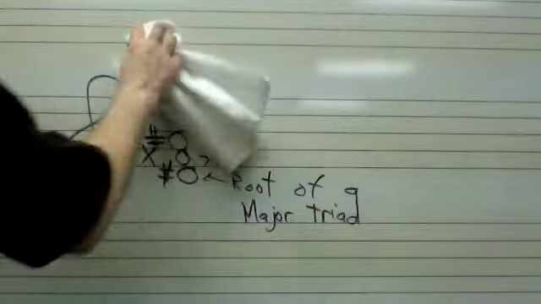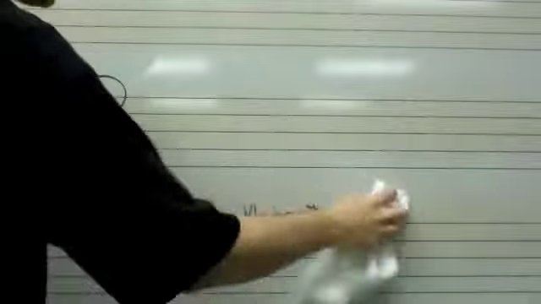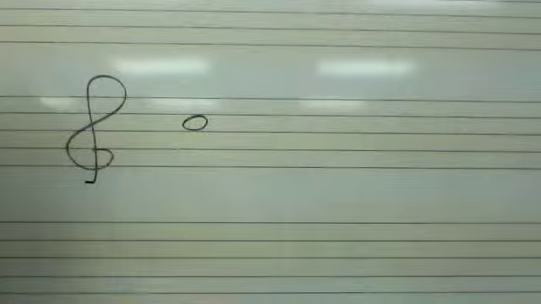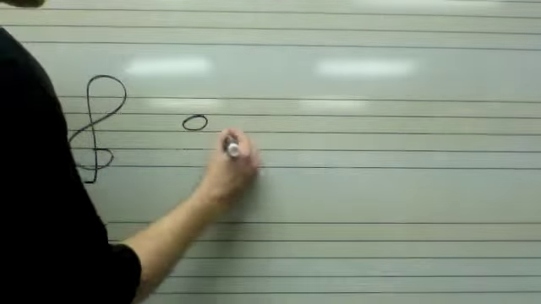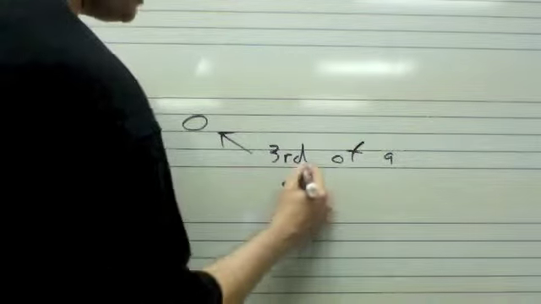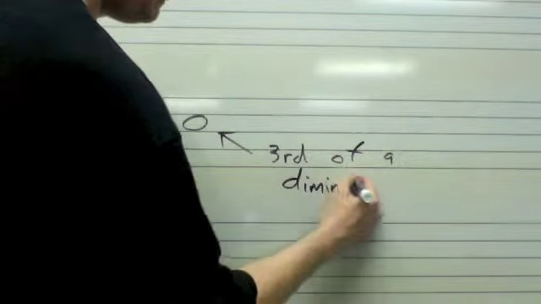Okay, now let's try building some triads from other members. So we saw these starting with the root. What if you have a C, and that is the third of a diminished triad?